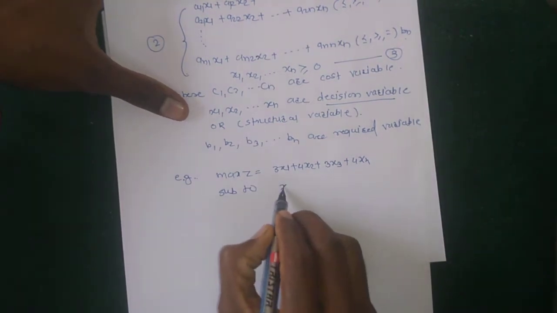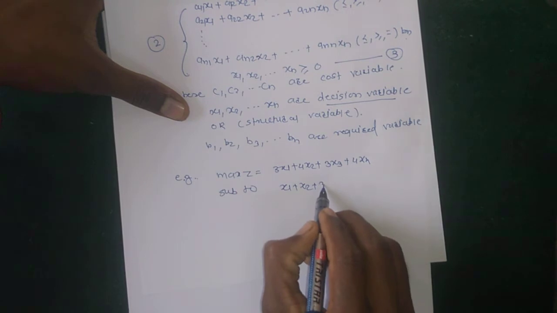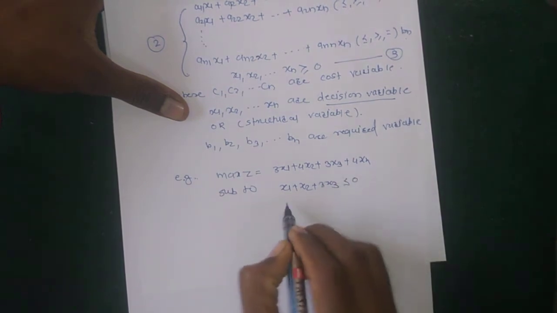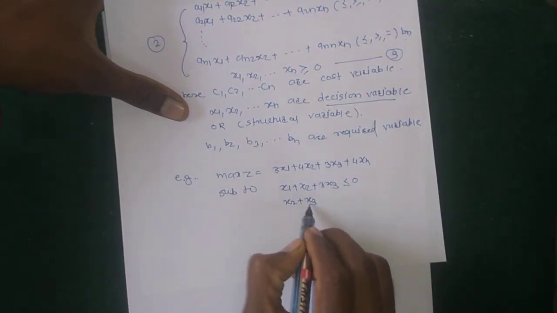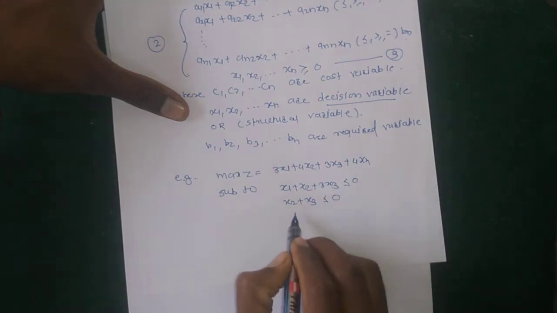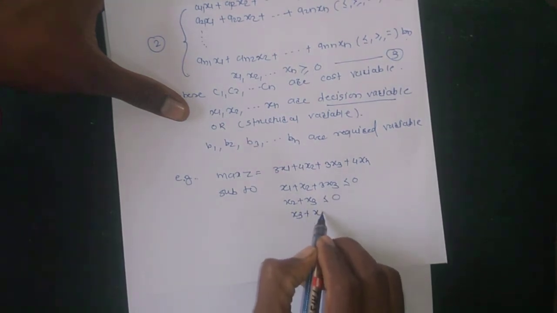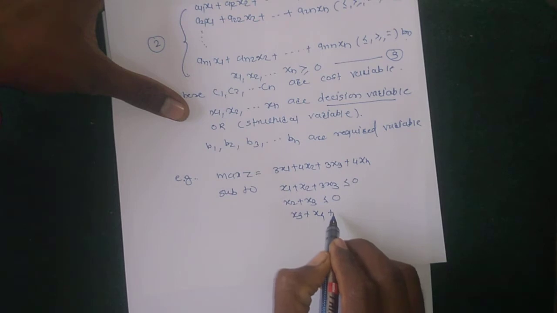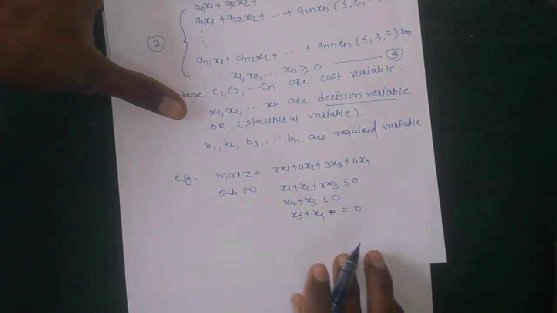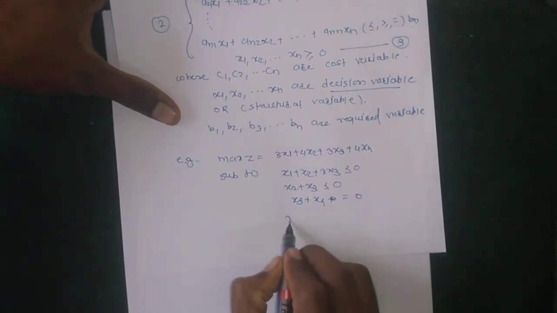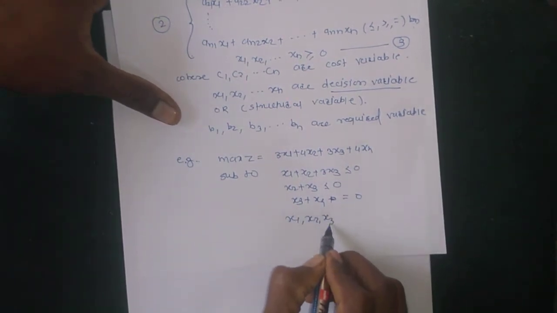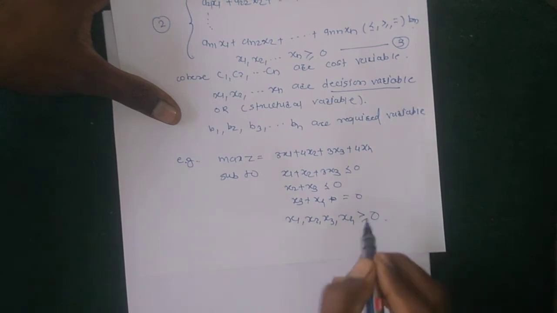Suppose x1 plus x2 plus 3x3 is less equal to some number, similarly x2 plus x3 is less equal to some number, then x3 plus x4 is equal to some number, and all x1, x2, x3, x4 are greater equal 0.